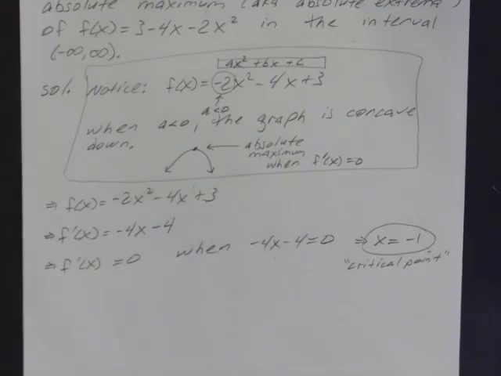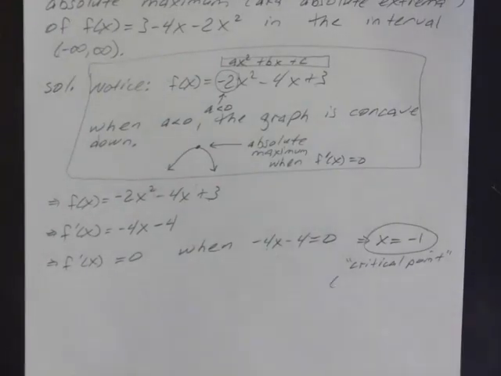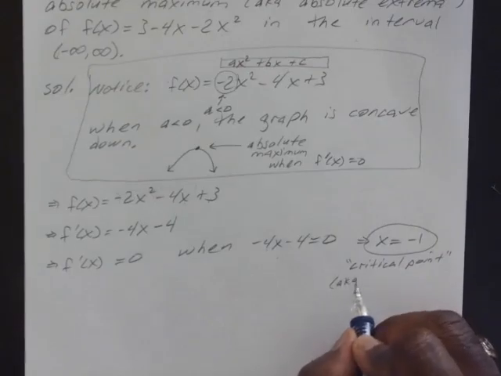Okay. In some textbooks, they will call the critical point where the derivative is equal to 0 the stationary point. So it's also known as the stationary point.